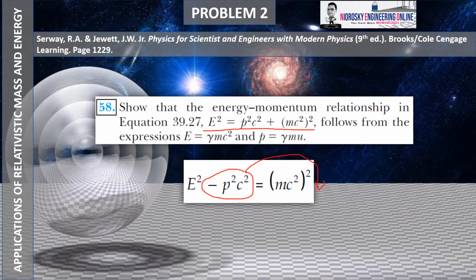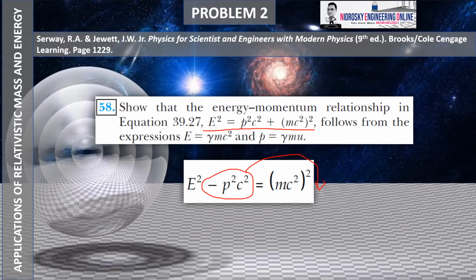This would be the relation of total energy, relativistic linear momentum, the speed of light, and the mass of a particular particle. So that's what we can call quod erat demonstrandum. So we have proven that that equation really exists. So that is for problem number 2, as found on page 1229 under problem 39.58.